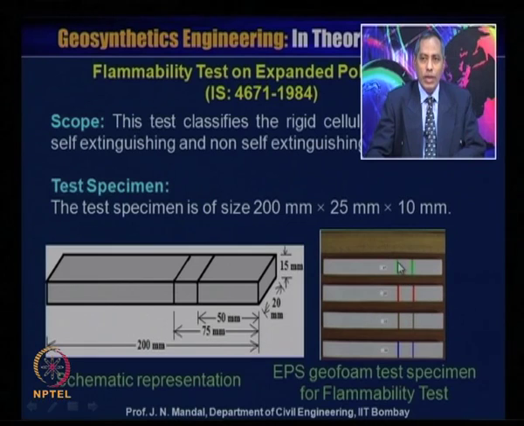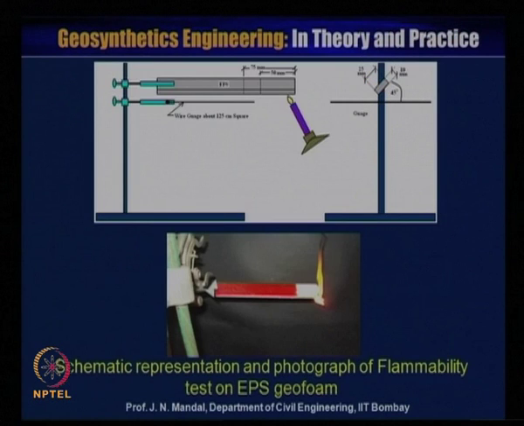It may be 15, 20, 22 and 30. From here to here, this distance is 50 millimeter and this distance is 75 millimeter. Here is a schematic representation and the photograph of the flammability test on expanded polystyrene geofoam.